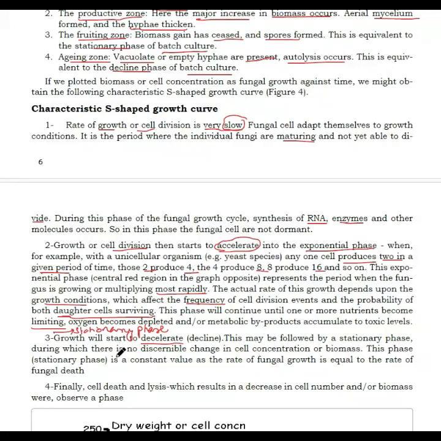During the stationary phase, there is no discernible change in cell concentration or biomass. They have divided this into two: stationary and decline. When there are no changes in growth, no changes in cell concentration, no changes in biomass, then it is a stationary phase.